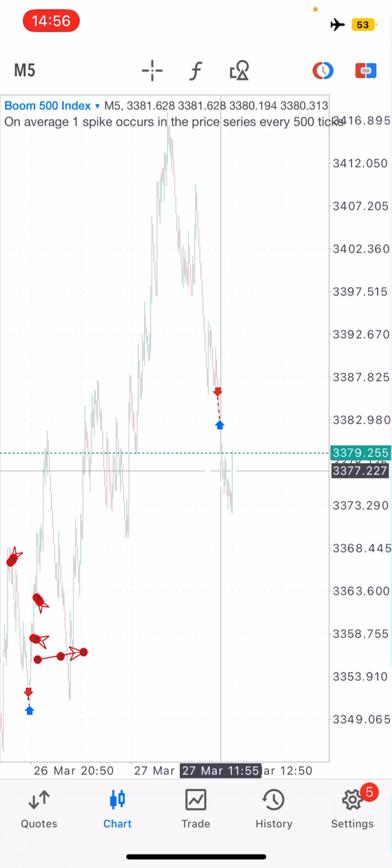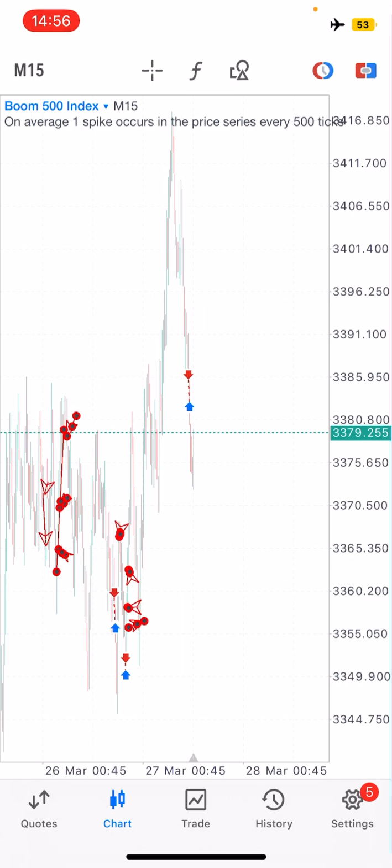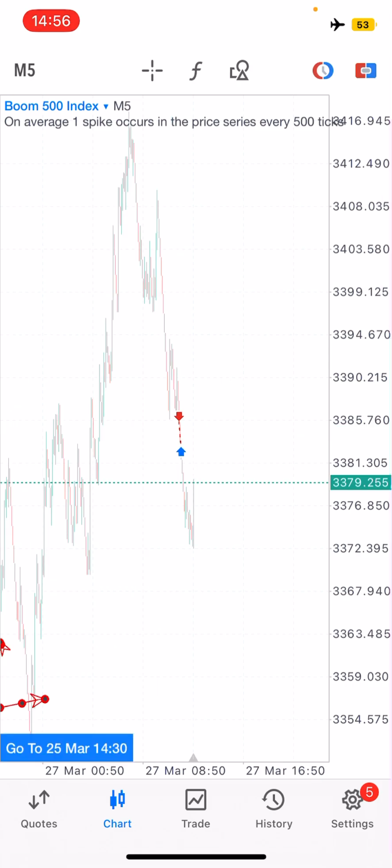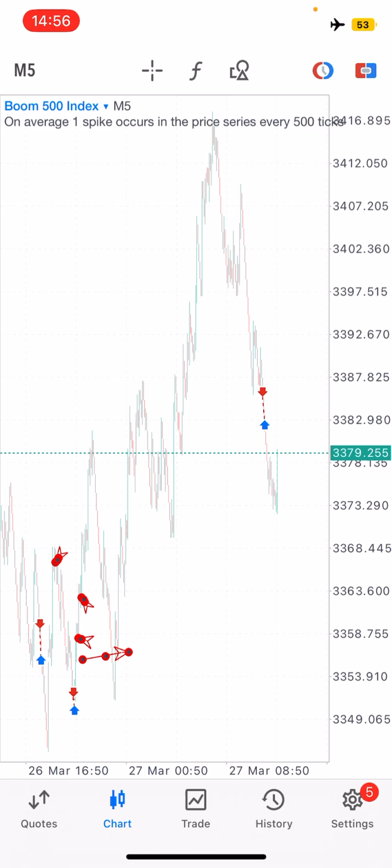Okay, so simple price action principles is what I was using right here. I want to try and take you back a little bit, behind, before where we are at right now. I want to show you something.